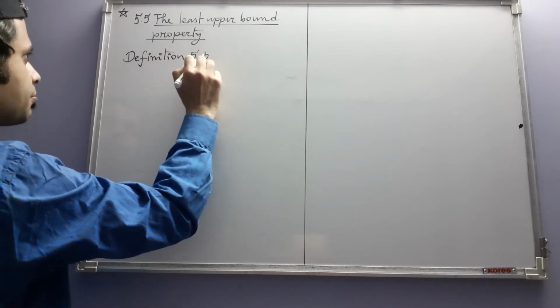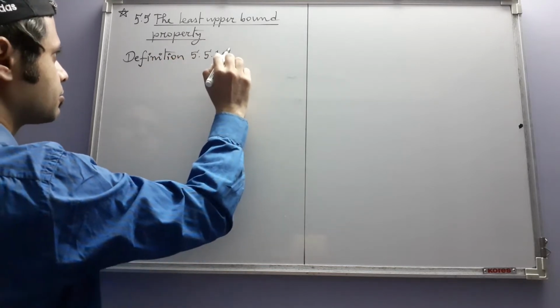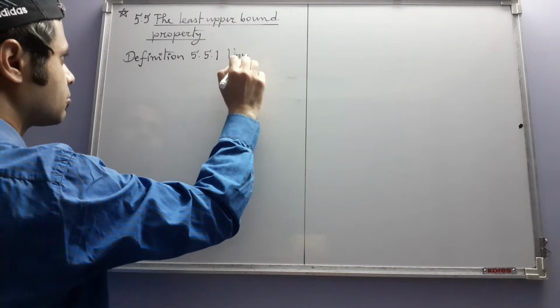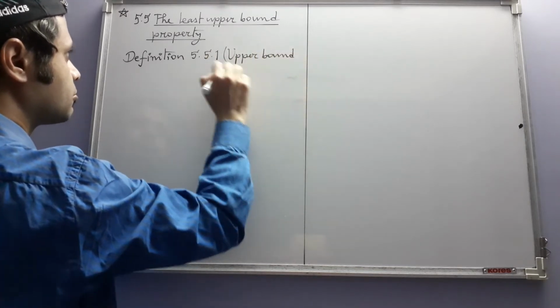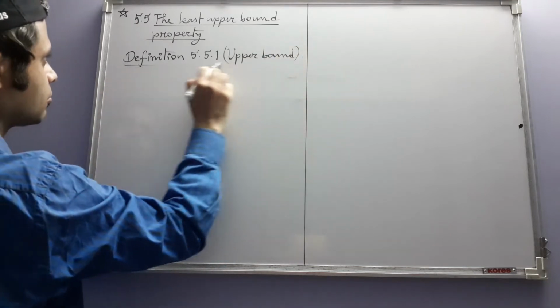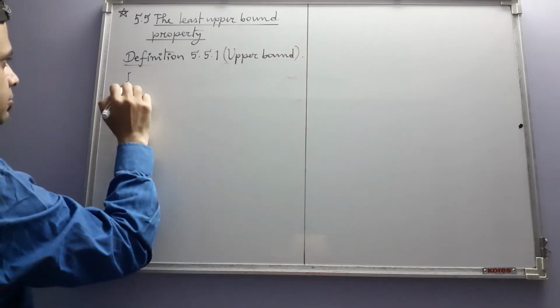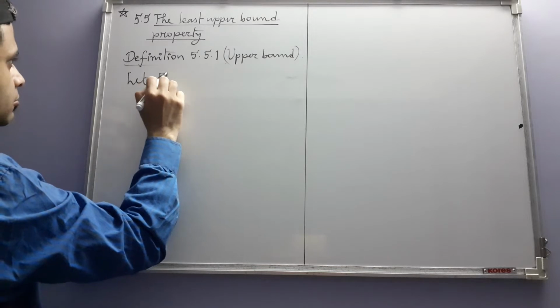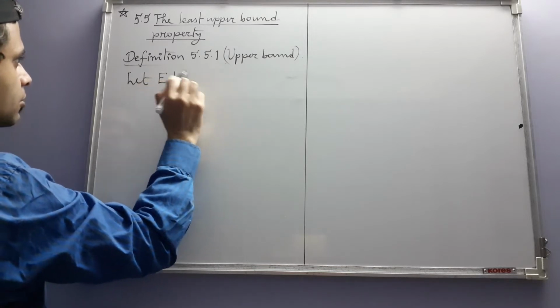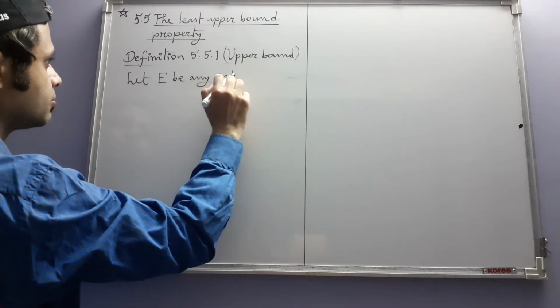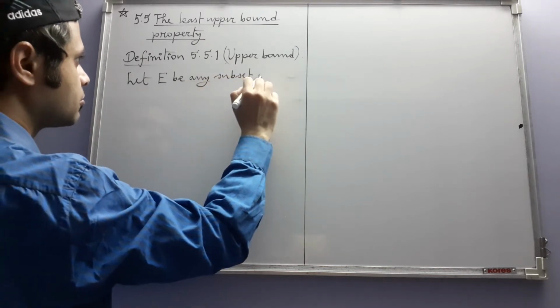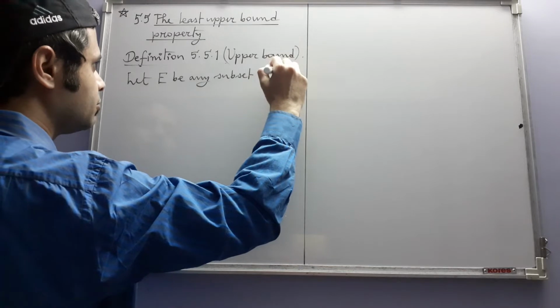Definition of an upper bound. Let E be any subset of the set of real numbers.